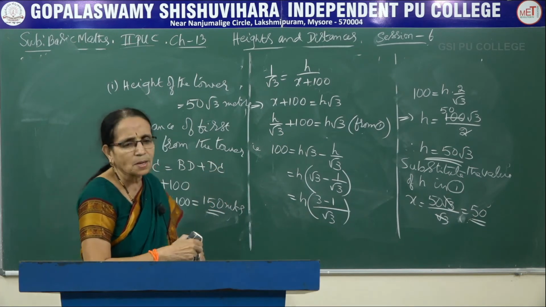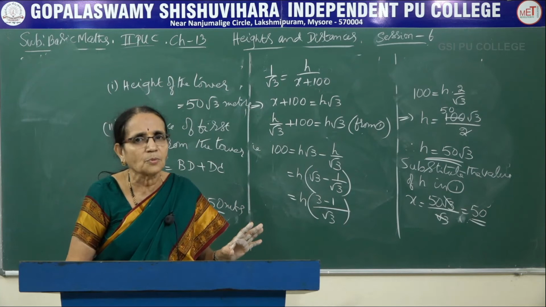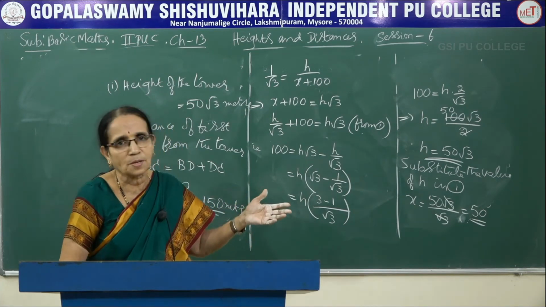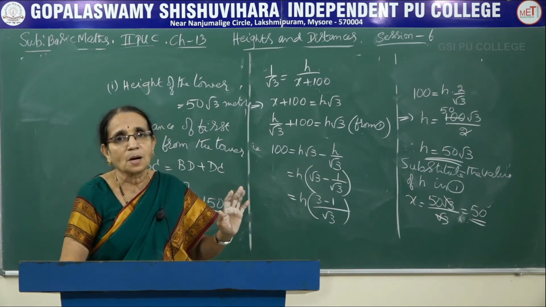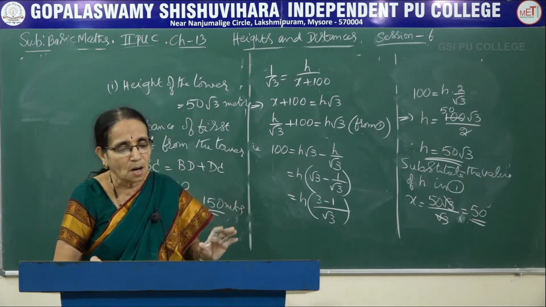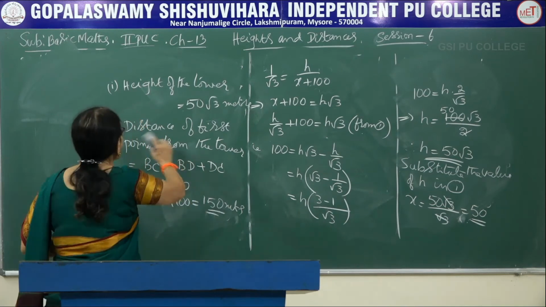It is a little bit lengthy problem, because in almost all the earlier problems, only one quantity, either the height of the hill or tower, or the horizontal distance, was asked. Here both of them have been asked, so you have to get both the answers and write the answer properly. Now let's move on to the next problem.